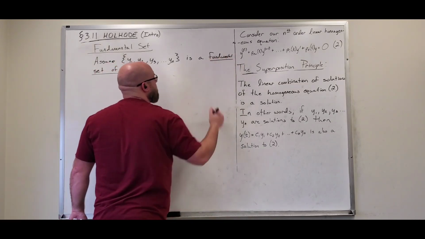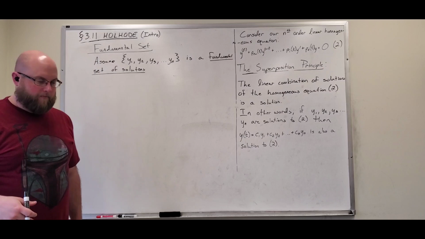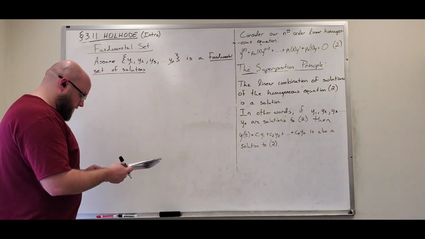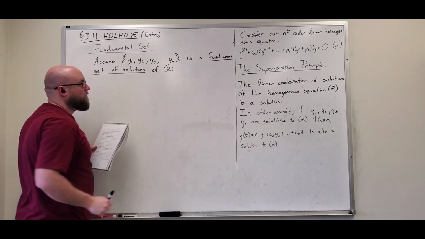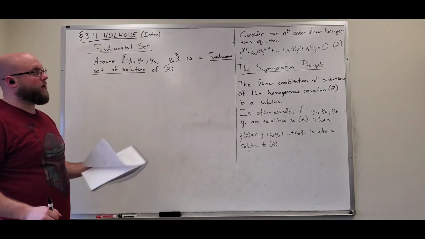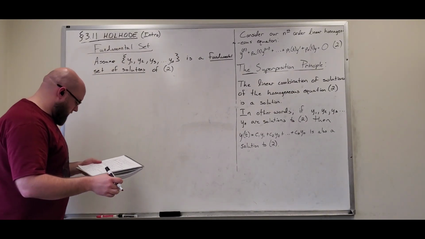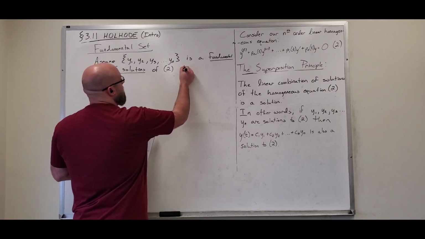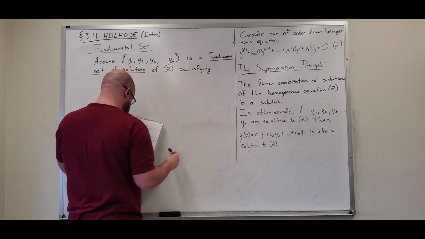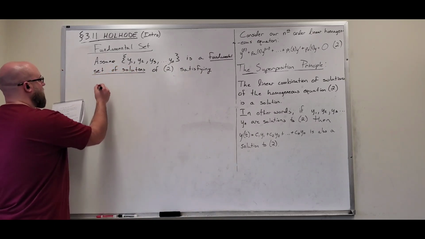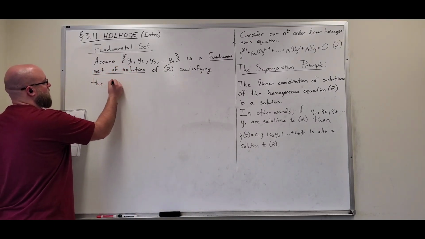Okay, so we know what a fundamental set of solutions are. They're linearly independent of each other, of equation 2, again, that guy over there, where we're dealing with the homogeneous, satisfying the non-zero Wronskian.